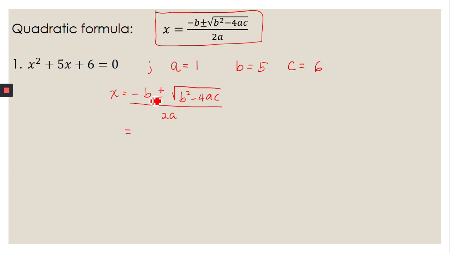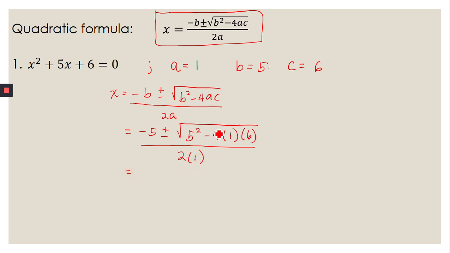Your b here is 5. It says negative b, so you have to get the opposite sign of the value of b. If it's negative, make it positive. If it's positive, make it negative. So this will be negative 5 plus or minus the square root of 5 squared minus 4 times 1 times 6, all over 2 times 1.